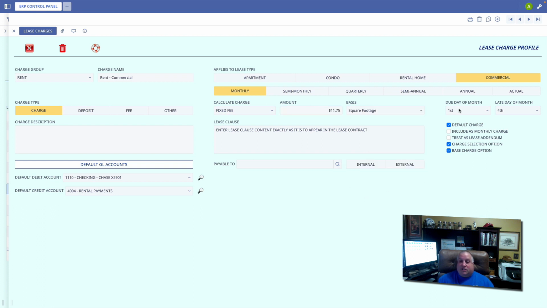It's due on the first day of the month, and it's considered late on the fourth day of the month. By default, these charges, in this case commercial rent, would be debited to a checking account and credited to the revenue account rental payments. Let's compare that to residential rent.